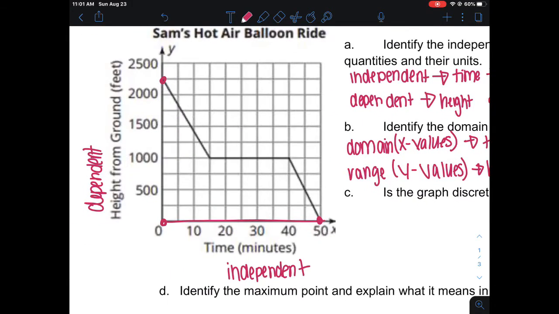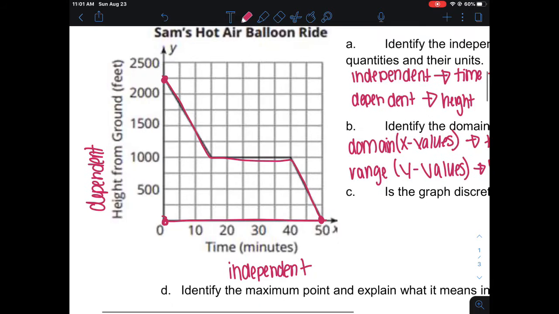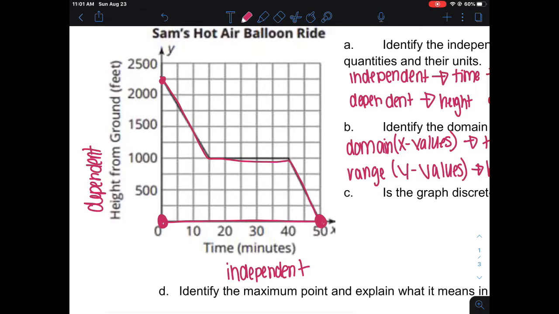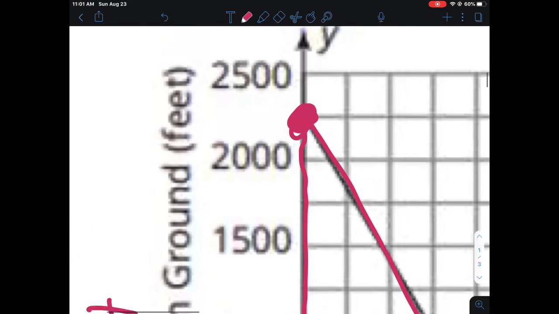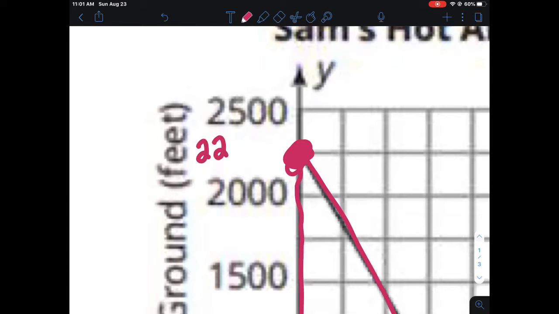My range, how far up and down did my function go? Not the visual gridded graph, but my function, my line, this pink thing right here. How far up and down on the y-axis does it go? Well, we started at 0. We're looking at y values going up and down. So my graph is here, here, here, and we stop halfway between 2,000 and 2,500, meaning we have to find that halfway. 2,250 is that halfway point.